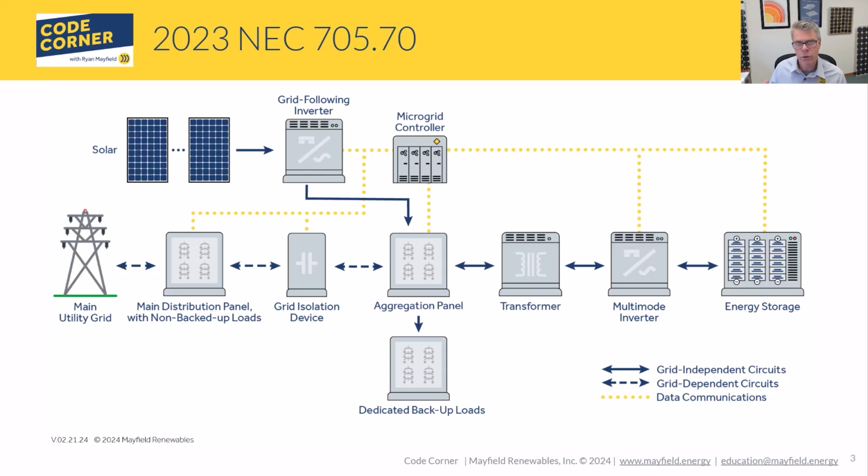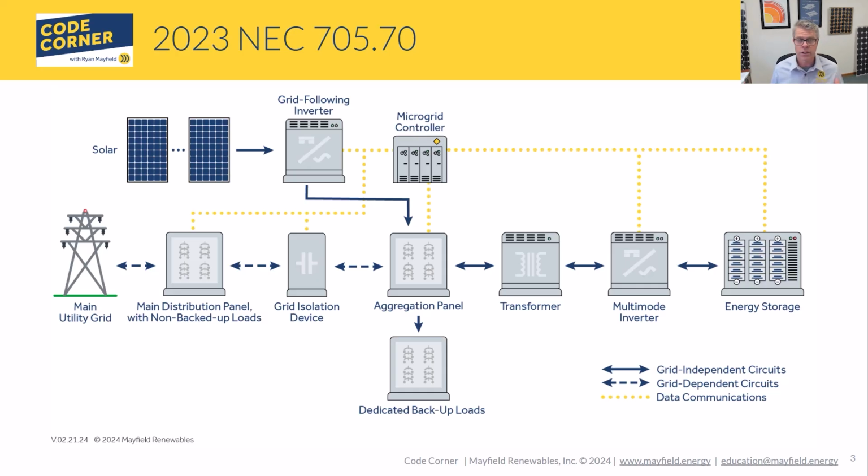One of the things that I will mention is, we have our code requirements, and that's what we're focusing in on right now. There's also going to be utility requirements. So when you are proposing these systems and going through the engineering, talking with the utility and understanding what their utility interconnection requirements are is really, really important.